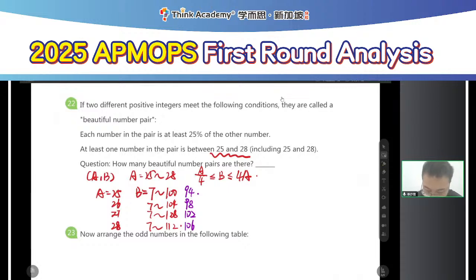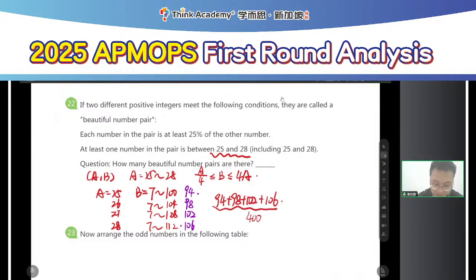So now the answer would be adding them together: 94, 98, 102, 106. So this is just 400. This is 400. But 400 is not the answer. Do you know why? Because there are some pairs we counted repeatedly.